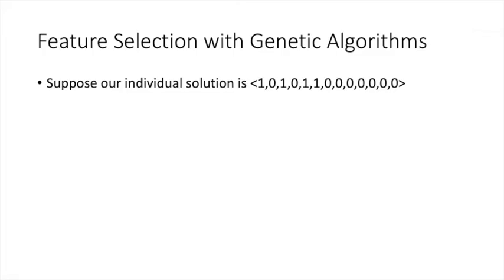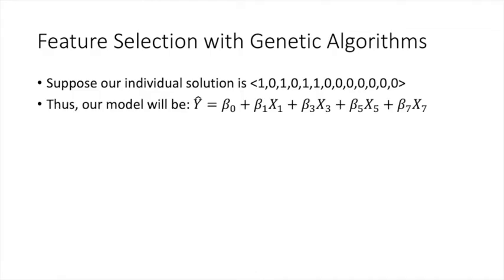So if we consider this sample solution evolved by our GA, it means that our model will consider the variable x1 because there's a 1 in the first position. Also, it will consider variables x3, x5, and x7 because there are 1s in those positions. However, all the other variables will be ignored because there are zeros in those positions.